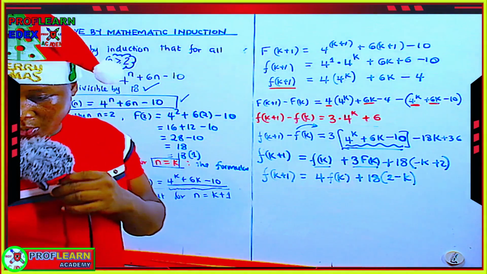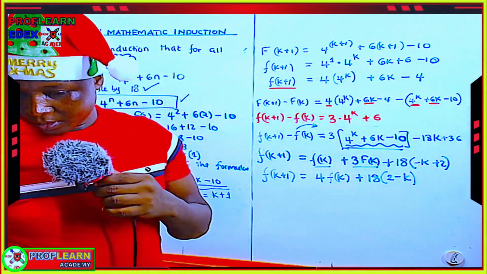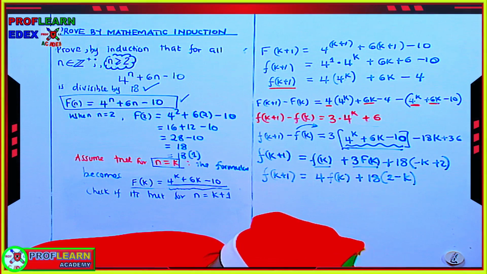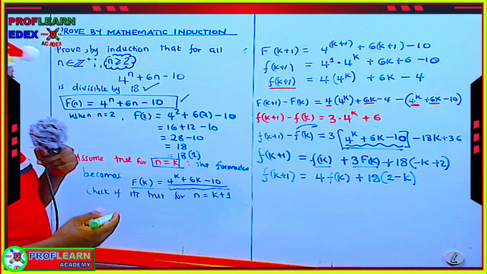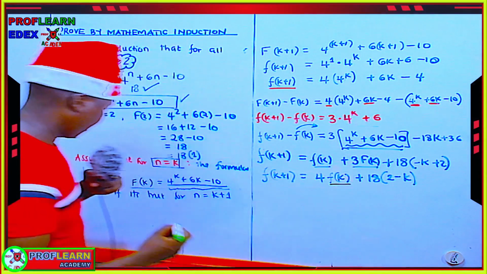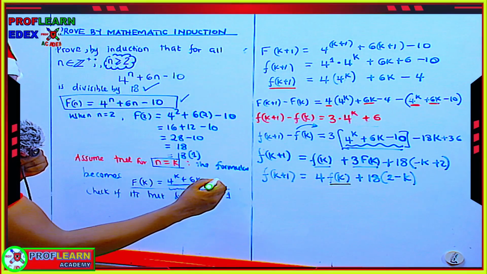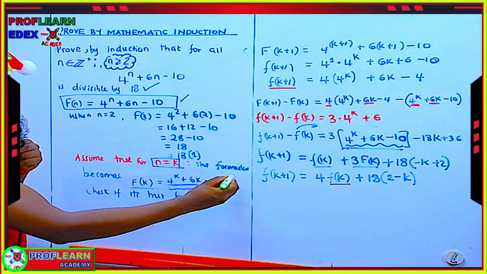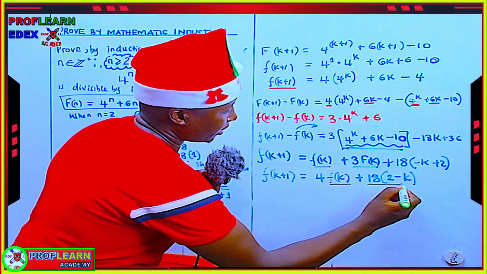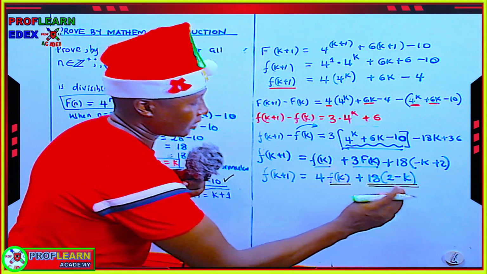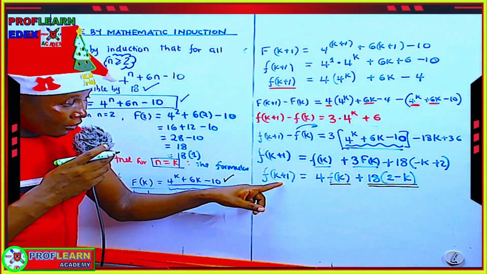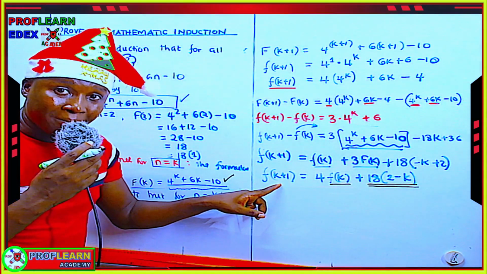So we need to draw a conclusion for our case. We shall say therefore, you can now see, since f of k is divisible by 18, and this term that we're having here is also divisible by 18, then it means that f of k plus 1 is also divisible by 18.